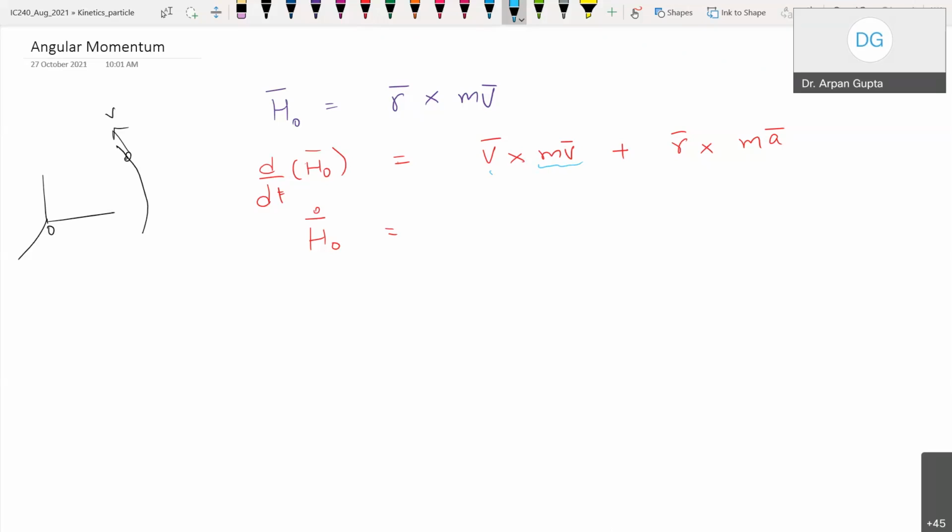These two are in the same direction, so the cross product is going to be 0. What we get is the term r cross ma vector, and this ma vector is your force F. This is a very important expression that we have derived, which is nothing but your moment about the point O.